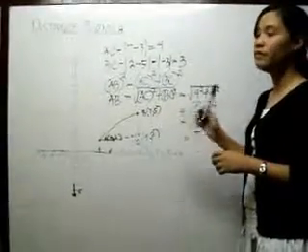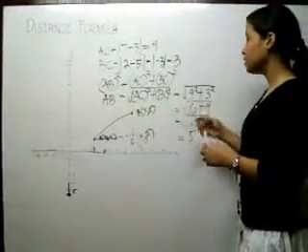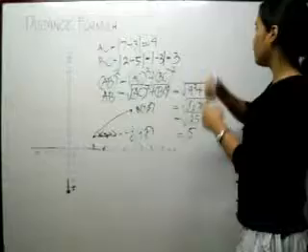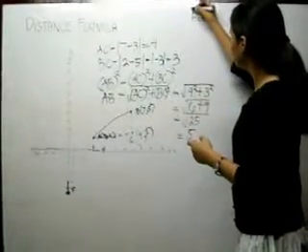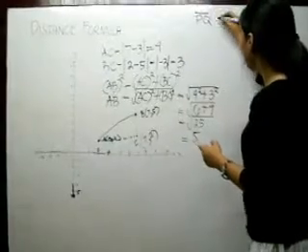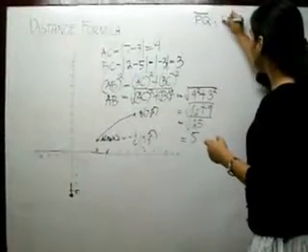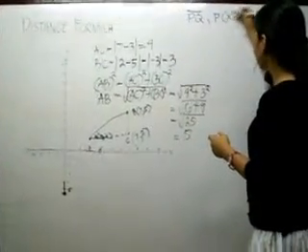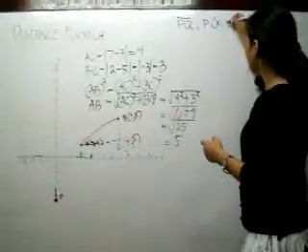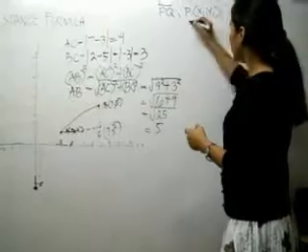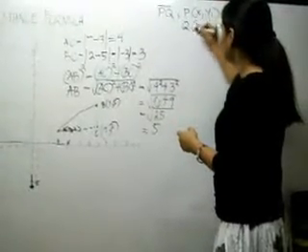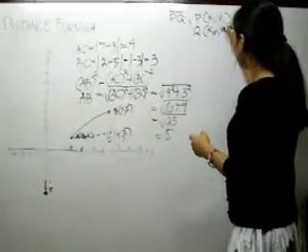Thus, this example suggests the following formula for the distance for line segment PQ, with P having the coordinates x sub 1 and y sub 1, and Q having the coordinates x sub 2 and y sub 2.